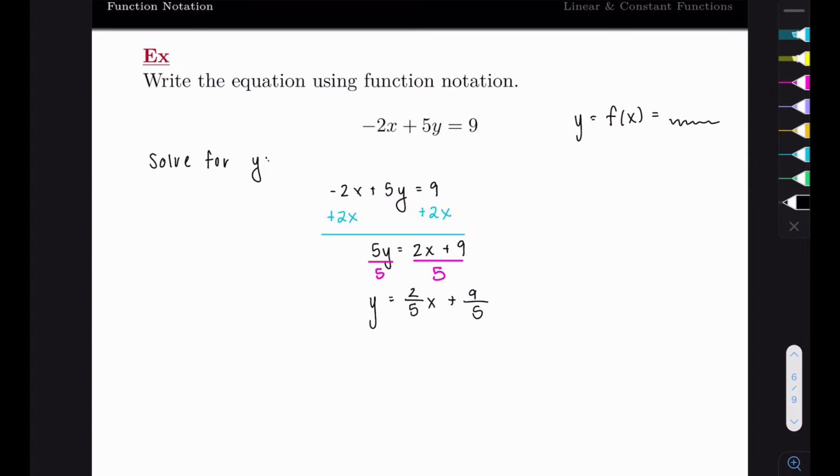And so I have y isolated. The last thing we do is we replace y by this notation f of x. So this function is f of x equals 2/5 x plus 9/5.